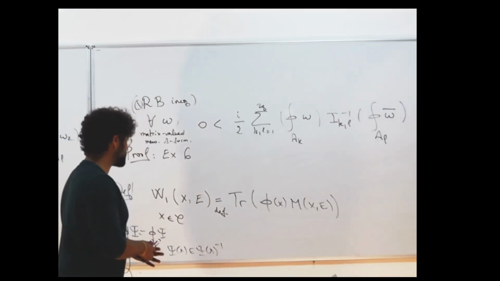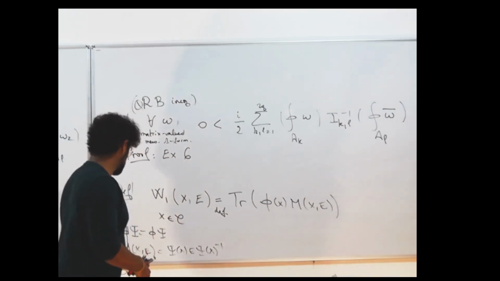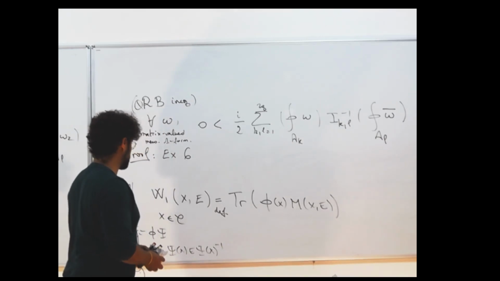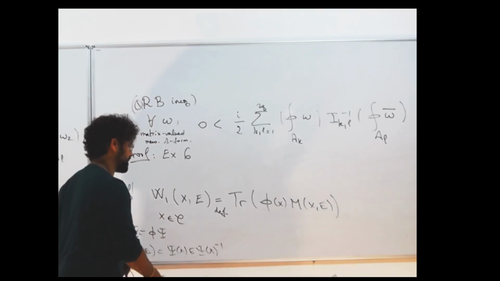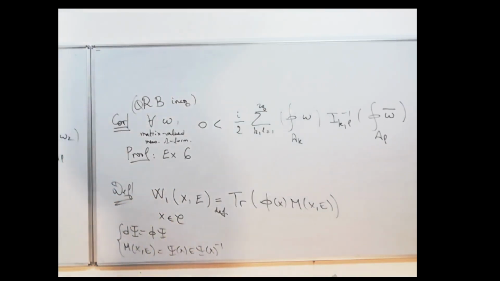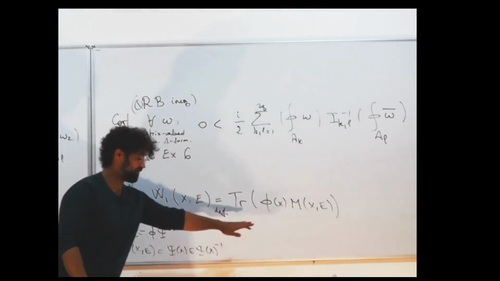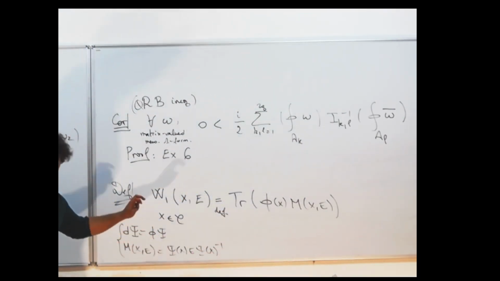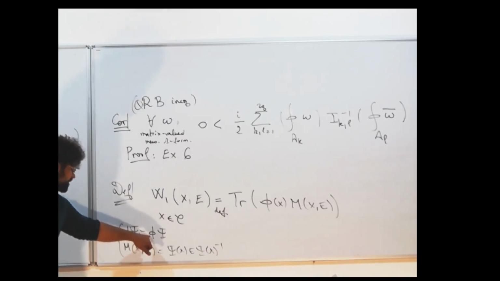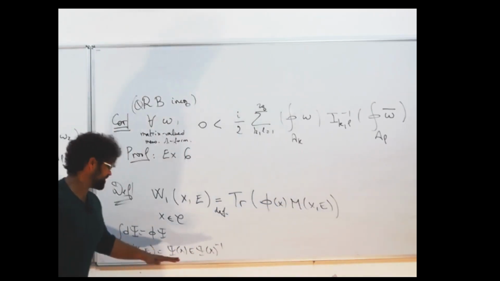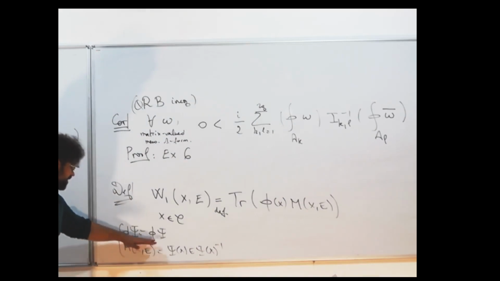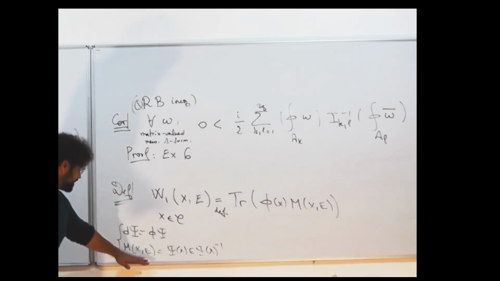Okay, W1 is just this element here. Trace phi is the connection potential, if you want, which basically defines the differential system, and m is the solution of the matrix version of this one, and we write it in this form.